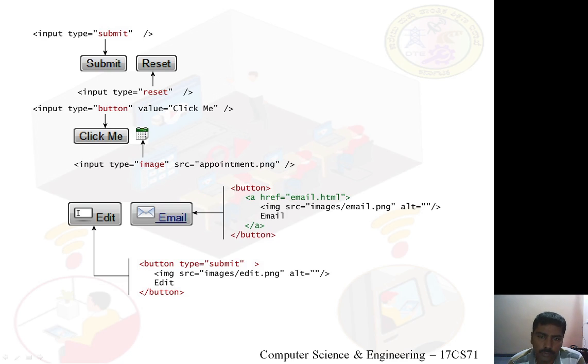I repeat, the second button with image and email skips the server side program. On clicking this, it takes you to some URL. Whereas in the button with edit as content, some JavaScript may execute on clicking this button.